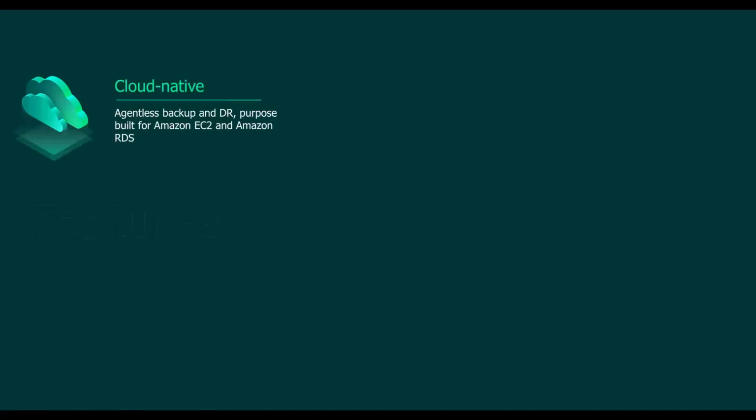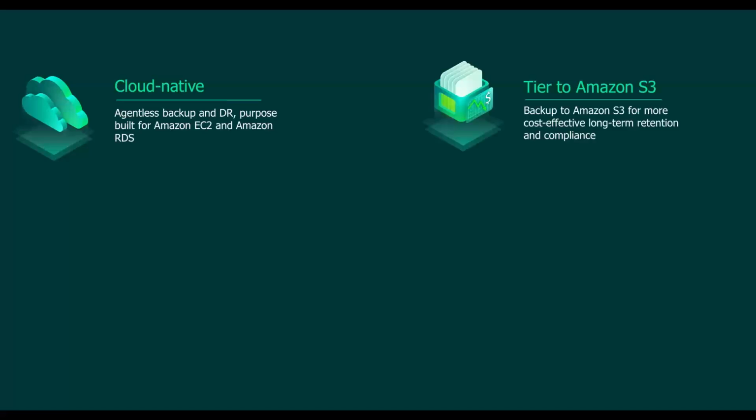So looking at all the features, like I was saying, cloud native. So we're talking all the APIs that AWS has built for us, so that you can make backups and do disaster recoveries of the EC2 VMs and the RDS databases that are provided at Amazon, and also the VPC settings in your subscriptions.